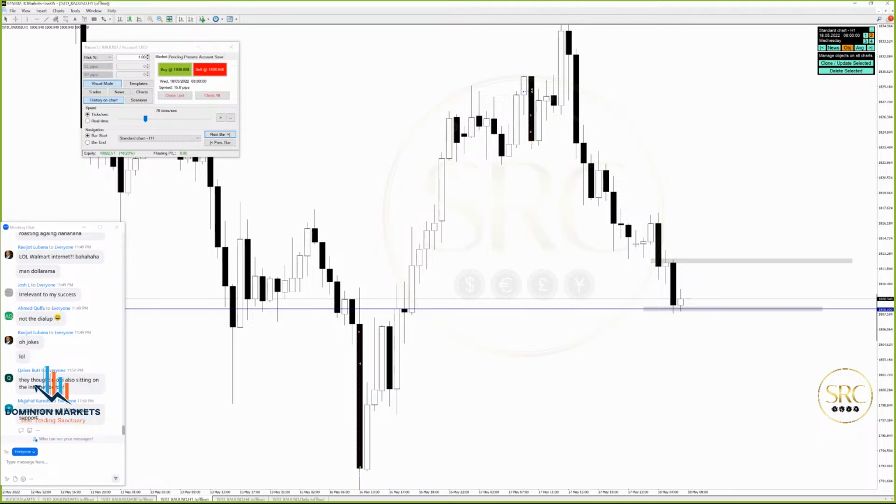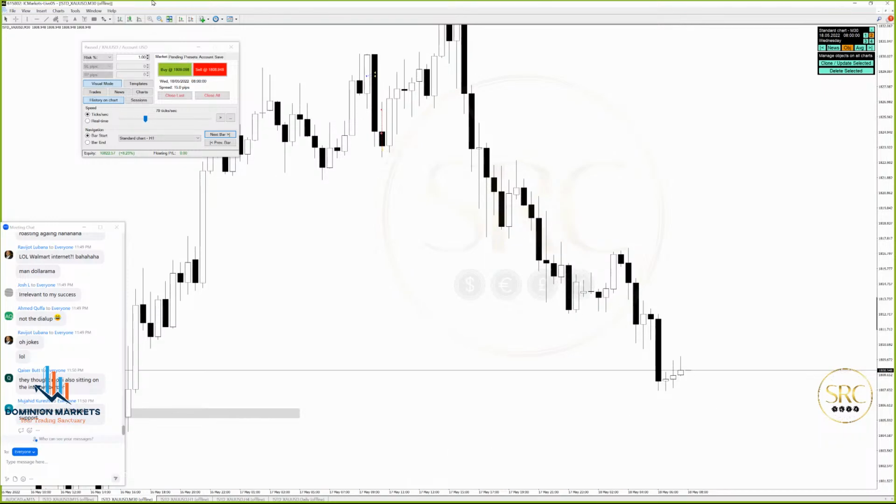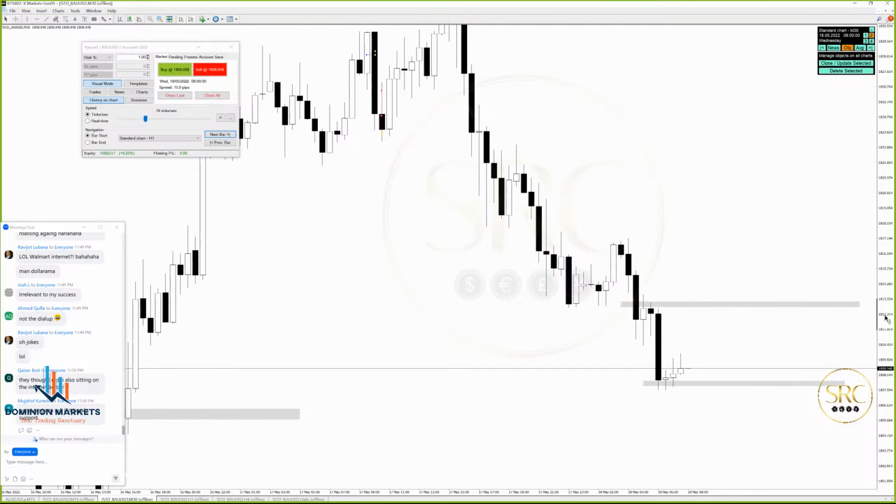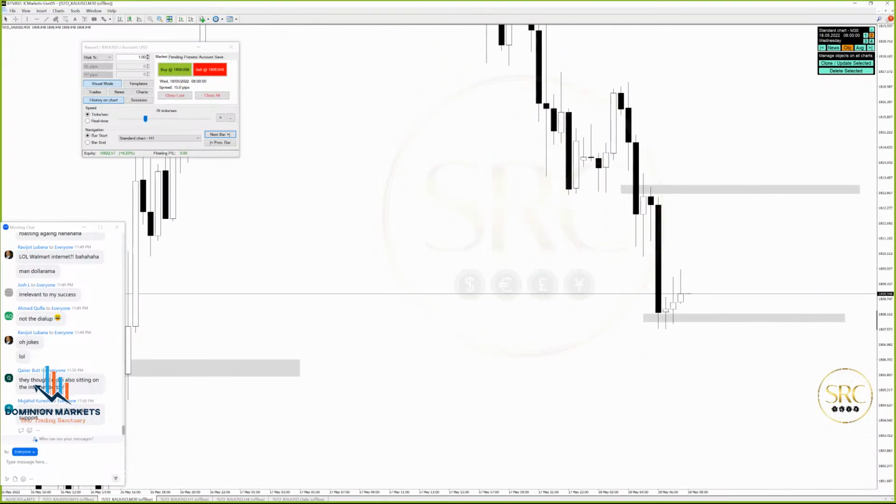But also, let's take a look at the 30-minute here now. The 30-minute tells us a different story, and I'm going to tell you that story. Now we need to look at the candles themselves, okay? So this was a heavy bearish candle. Then we turned to a bullish candle. The body of the bullish candle started to get bigger. The body of the bullish candle here started to get bigger as well, right?